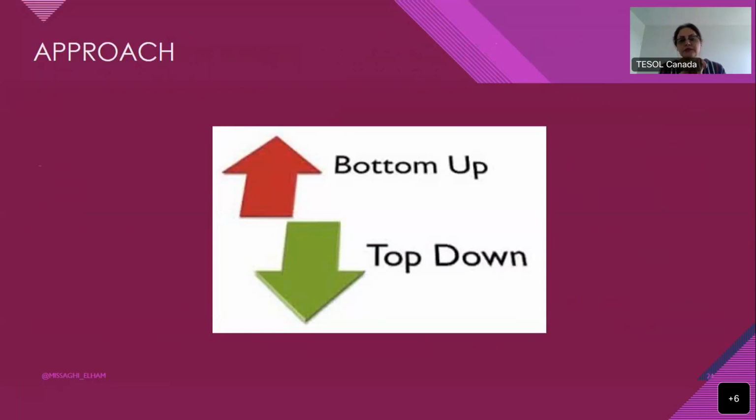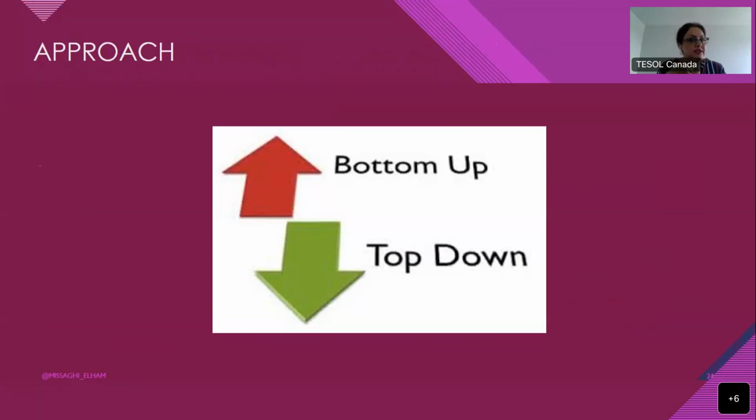Top-down refers to the meaning, the comprehension part. You ask them some comprehension questions, or you give them activities to check their comprehension, like ordering the sentences or the pictures. They have to understand the listening to order it. So you check their comprehension.